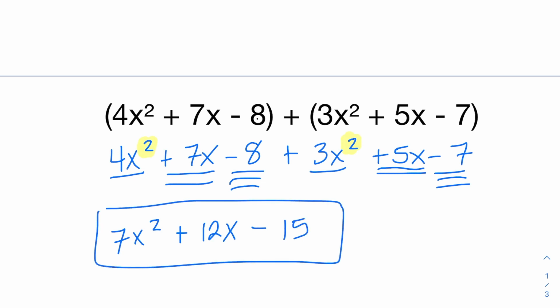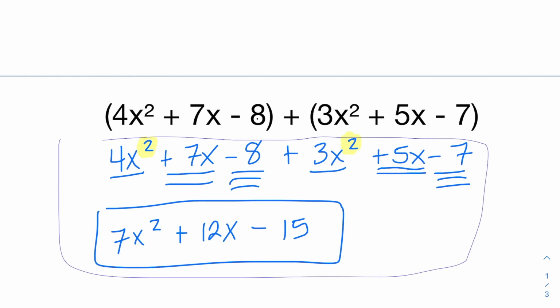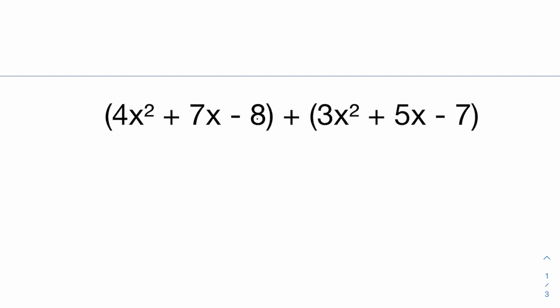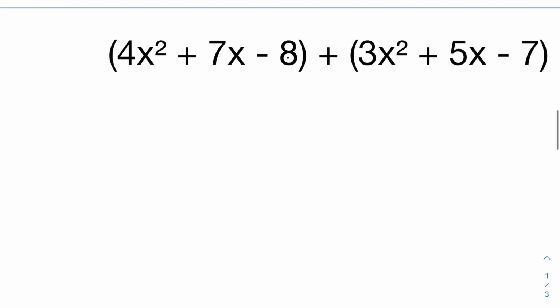And that's it. Now let's talk about a way that we could approach this problem and visually set it up differently, because many of you may have seen this in class. I want to make sure we introduce both methods. So let's say we take this same exact problem and see if we can delete our work there and set this up a little bit differently.